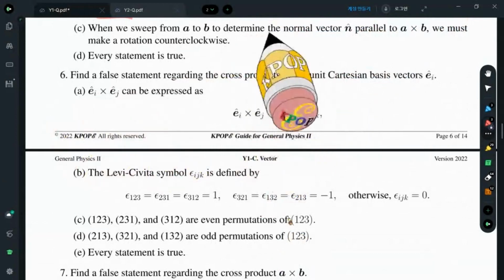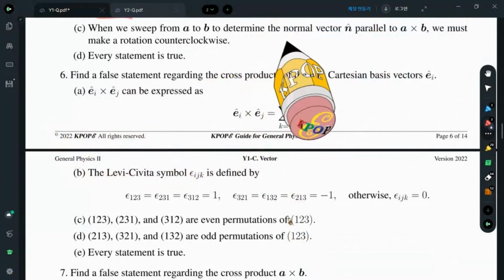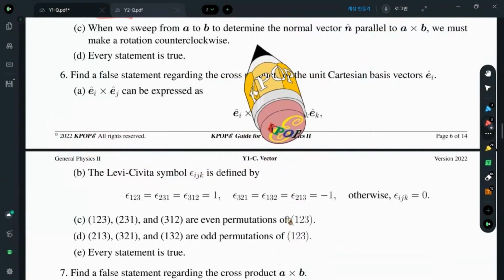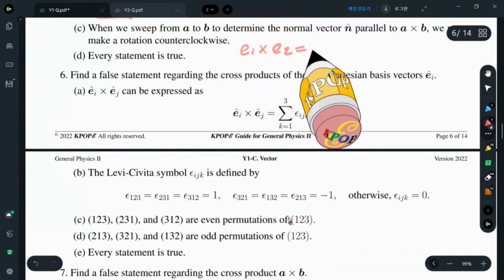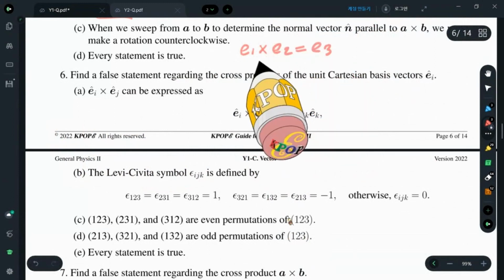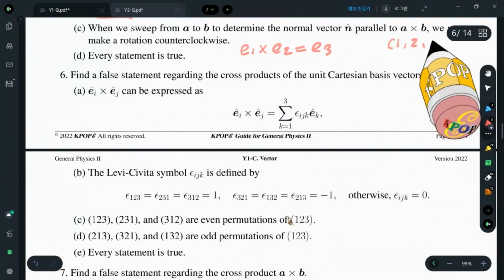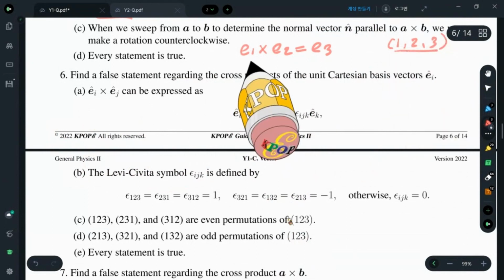This is another important result for the Cartesian unit vectors. E1 cross E2 is E3. We find 1, 2, 3 are in order.